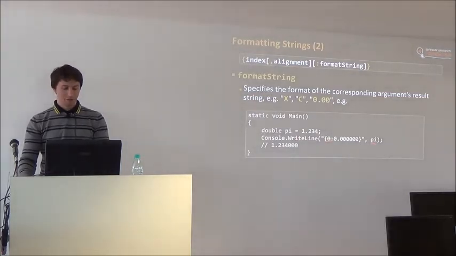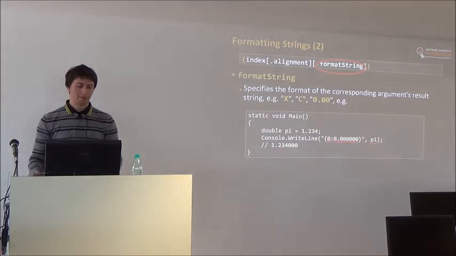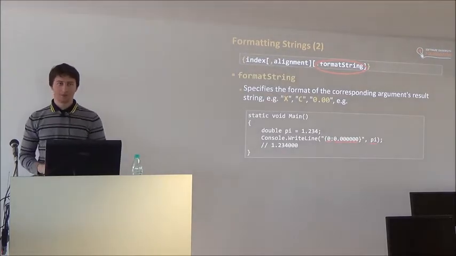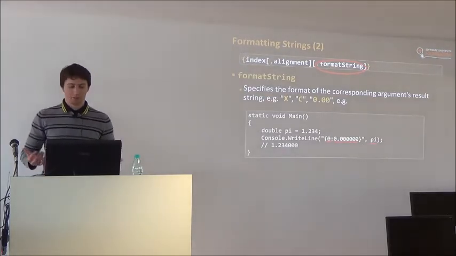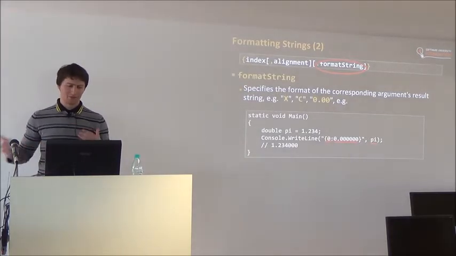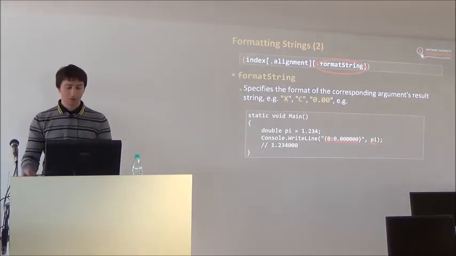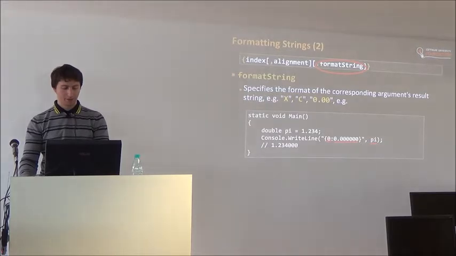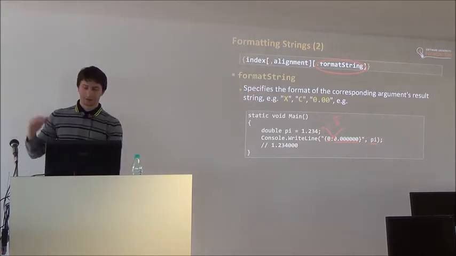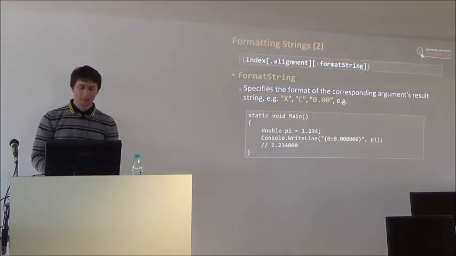And then you use the format string. So you completely skip the alignment because you don't really need it in this case. You only have one thing that you print on the console. You don't really need to align it. If you want to, you could, and then you have to put a comma, let's say 5 or something, and then it will be aligned to the right with 5 characters. You'll see that definitely later on.